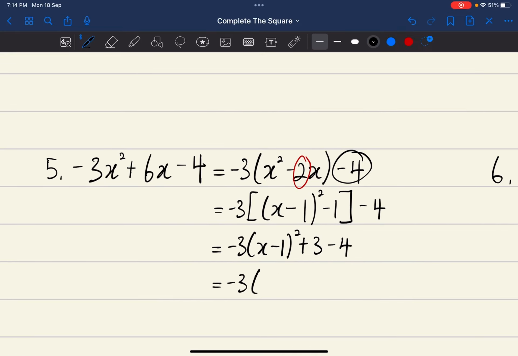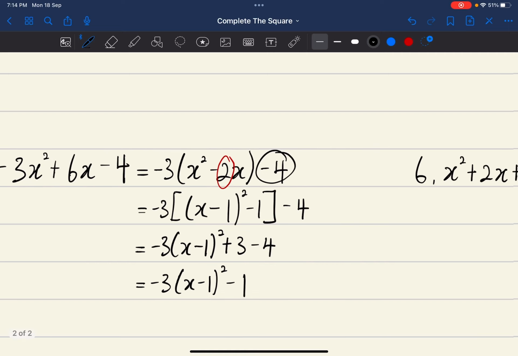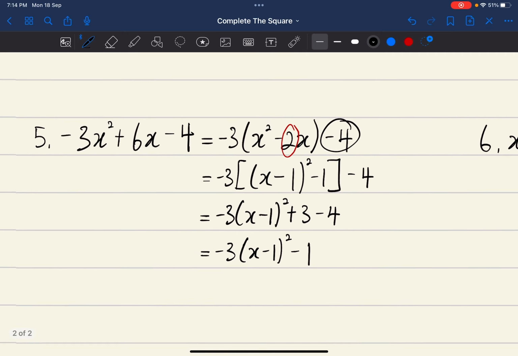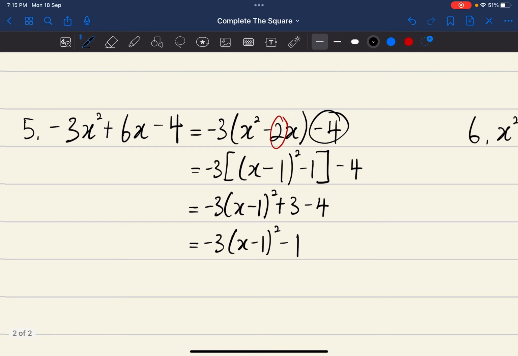Multiply that in. Add everything up, and you get this. And how do you check your answer? Same thing. You multiply negative 3 inside of this, but first of all, you have to open it up, right?